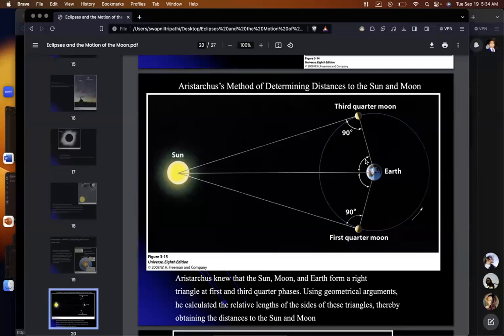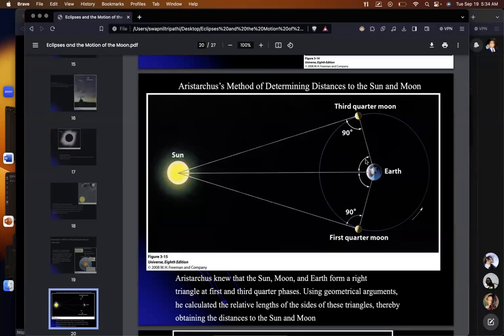he was able to figure out the relative distances between the Earth and moon, and the Earth and sun. And he found that the sun was about 20 times further away than the moon, by his calculation.